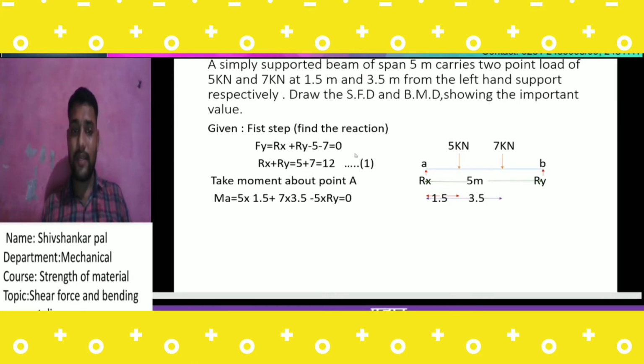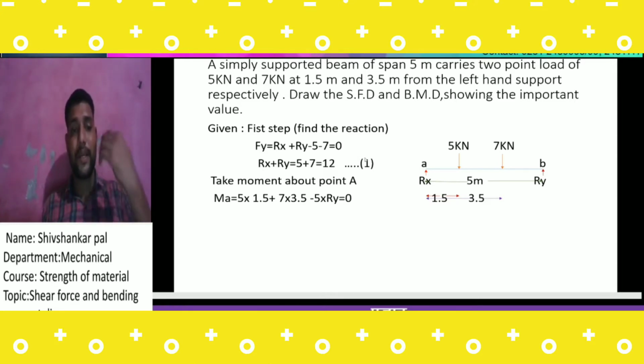So here I consider negative 5 and negative 7, and the sum of forces in the y direction equals 0. That is the condition of our equilibrium. So Rx plus Ry minus 5 minus 7 equals 0, so 5 plus 7 is 12, meaning Rx plus Ry equals 12. That is our equation 1.